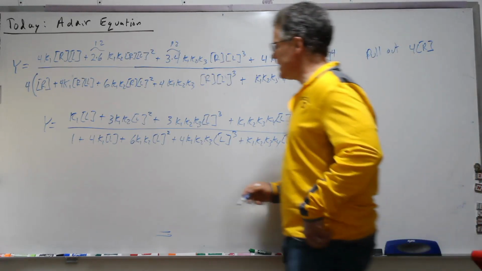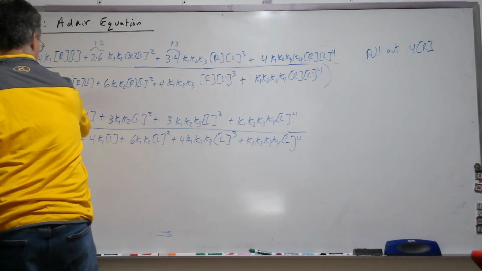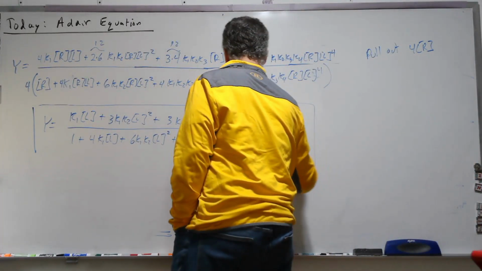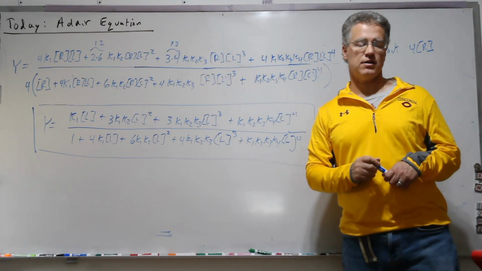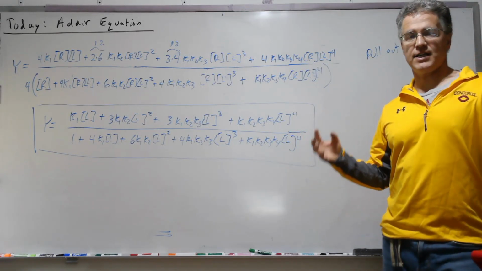Okay, and so this is the expression for the Adair model for a 4-binding site, cooperative binding site.